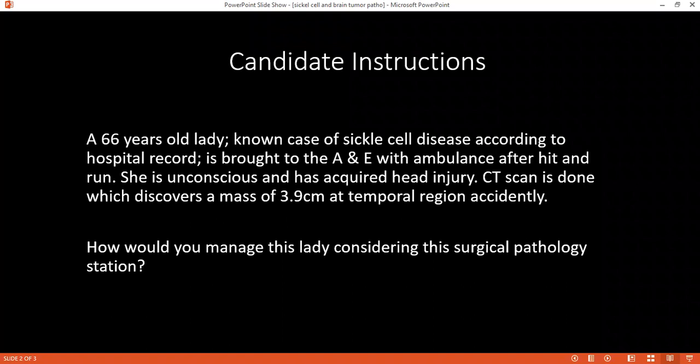Why is it important to keep in your mind the use of tourniquets in patients with sickle cell anemia? Ma'am, you said what is the importance of using tourniquets when it comes to patients with sickle cell disease? Yes, ma'am.